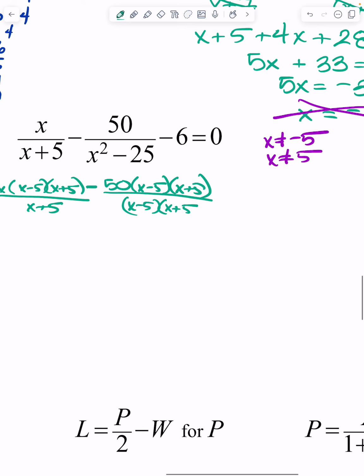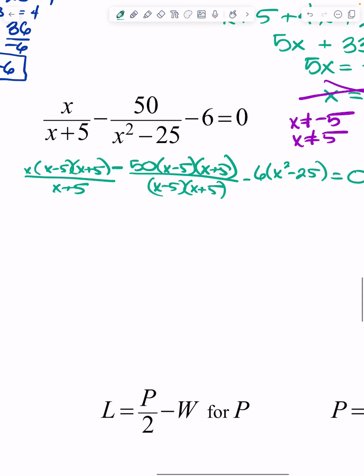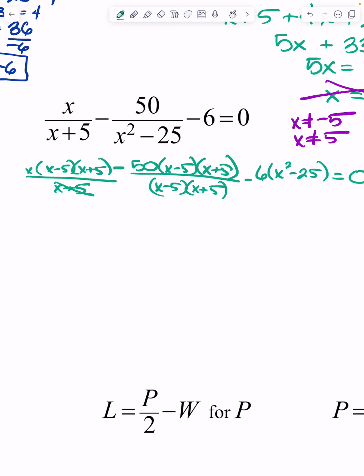See? Talking. x minus 5 times x plus 5 is x squared minus 25. I'm just going to go ahead and do that there because nothing's going to cancel on that one. So these cancel.